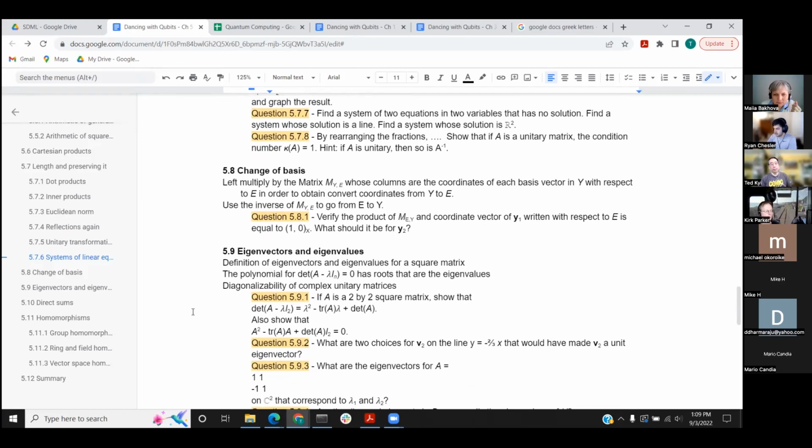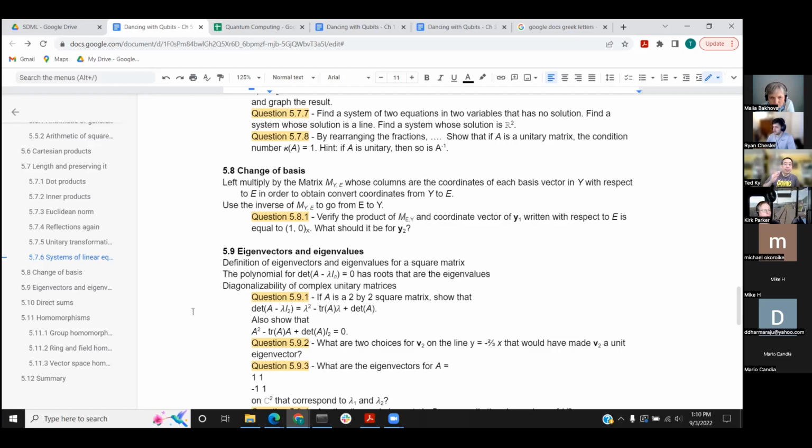Change of basis. So in here, he basically says, if you have a different basis, I think he used the example of the 45-degree angle basis, you can take the coordinates for the new basis written in our standard basis E, and you can line them up into a matrix.